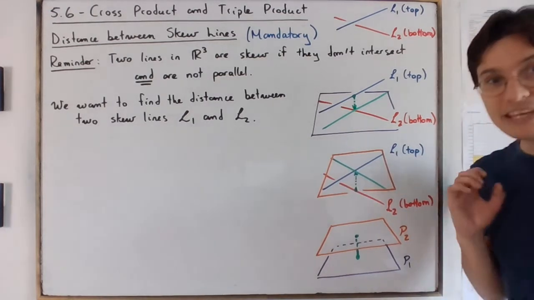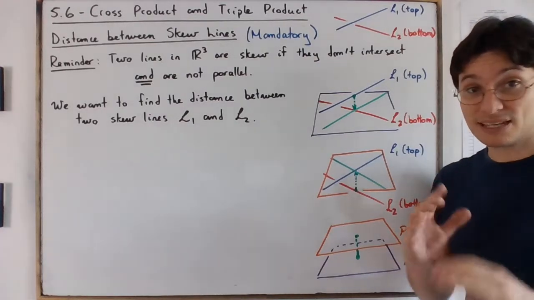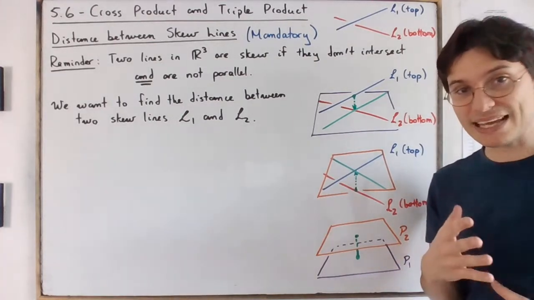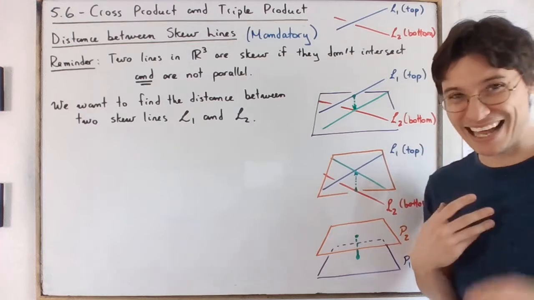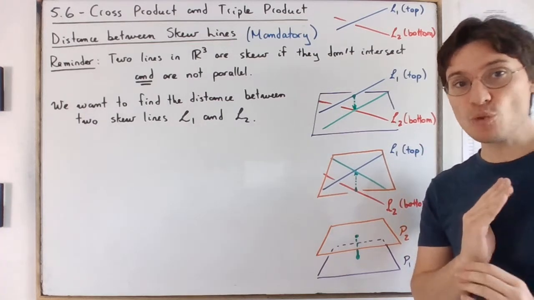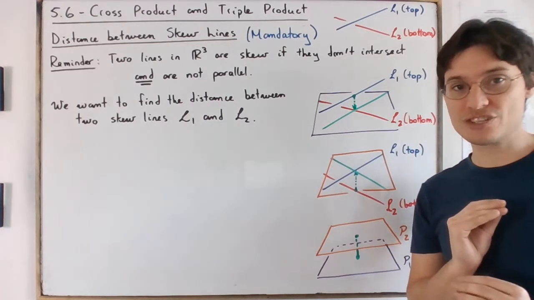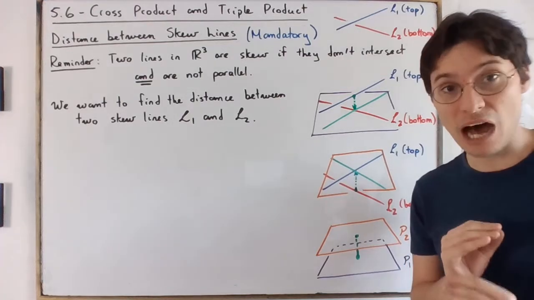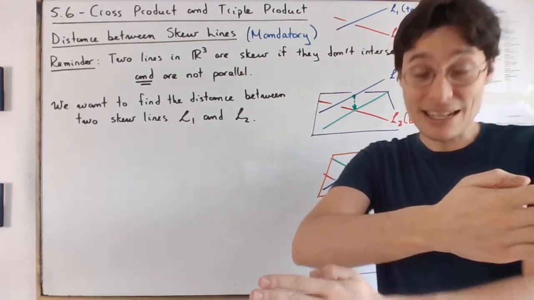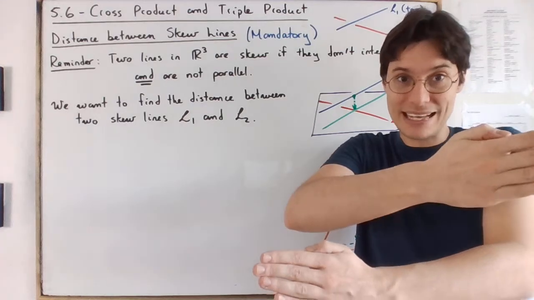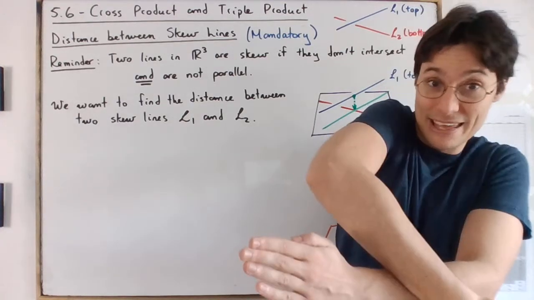Now here's the key part of the process. The way you translate the line is important, because you want to translate them in a way that you're changing the position vector, but not the direction vector. You translate it like this, but not like this.